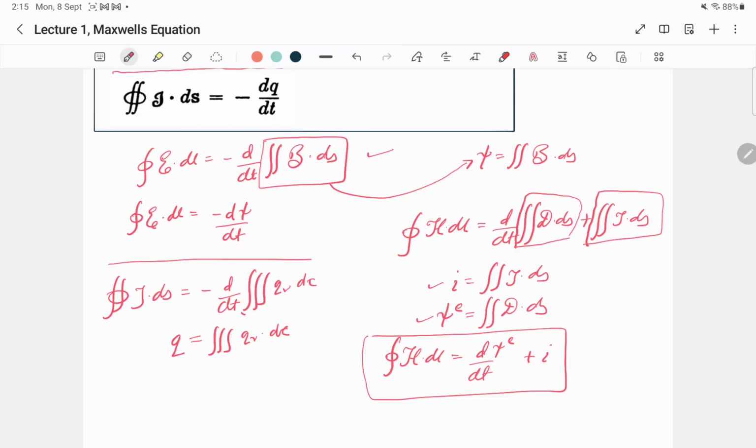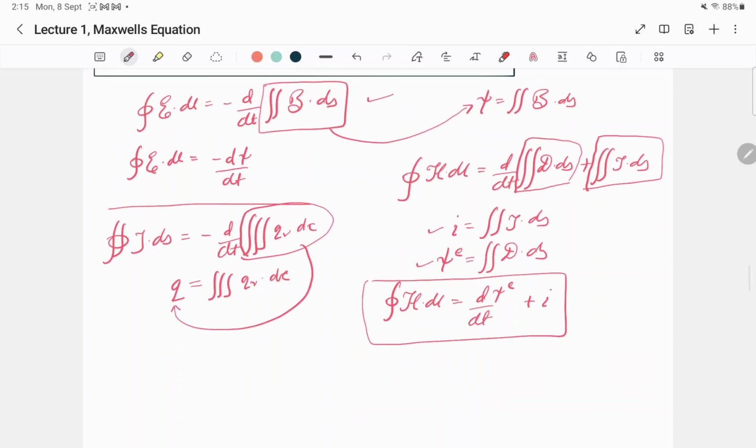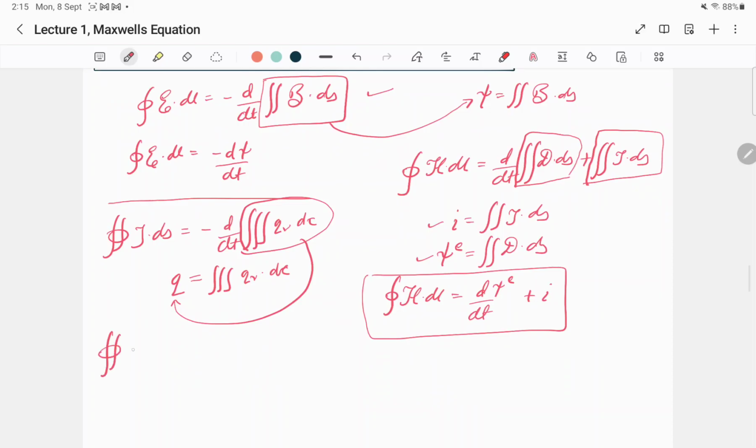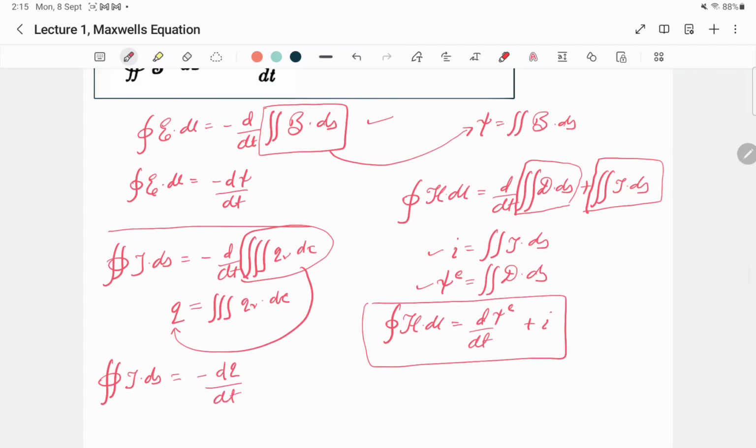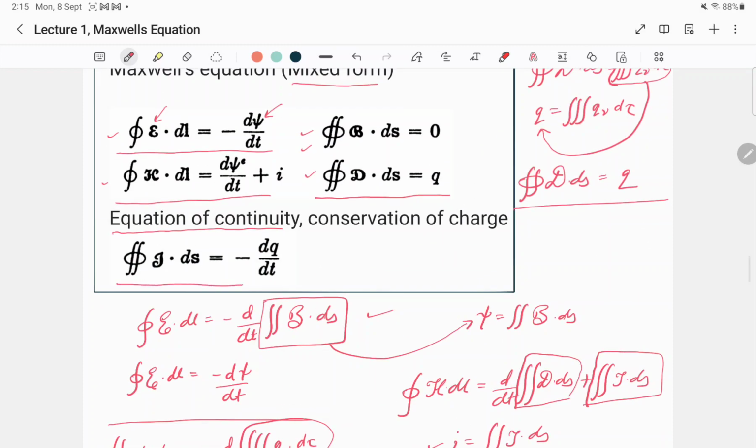So if you replace this with this, you get the closed surface integration of J dot dS is equal to minus dq by dt, which is written over here.